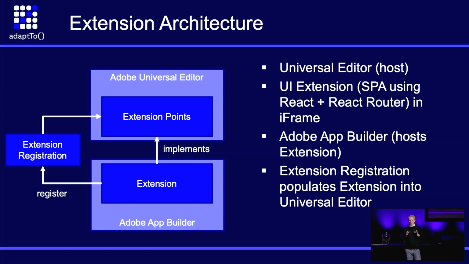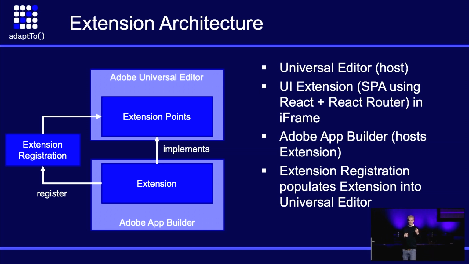The extension itself is hosted on App Builder, and only integrated into the Universal Editor using an iframe. That's a big benefit: we have a separation that runs separately from AEM, in a container-based fashion or as a serverless application. And we have no scaling issues, everything is handled.